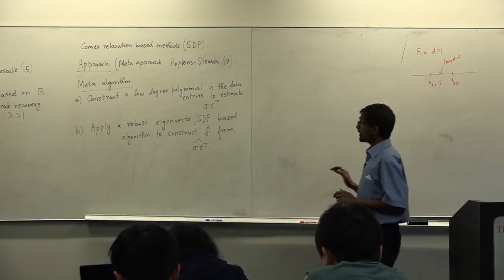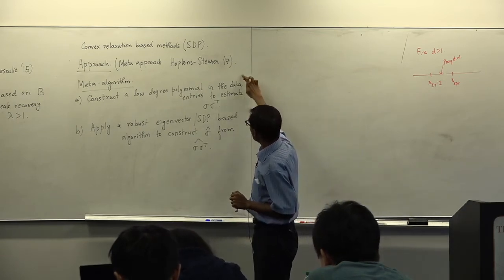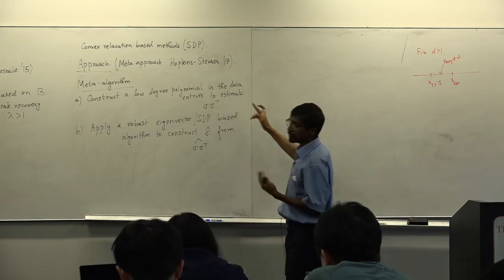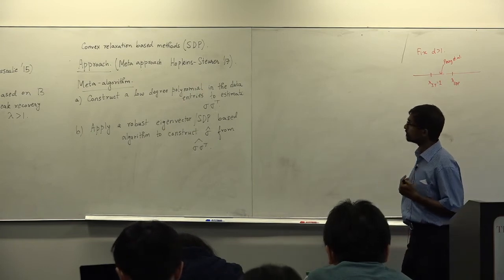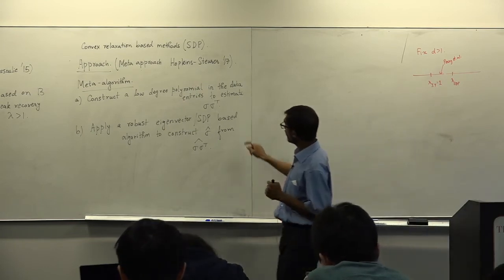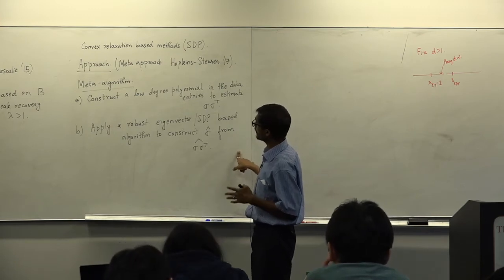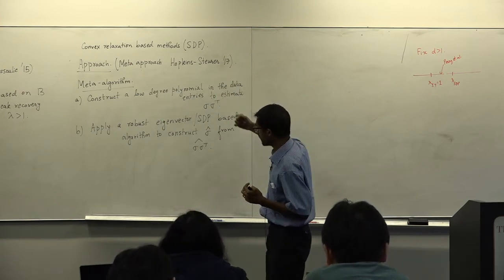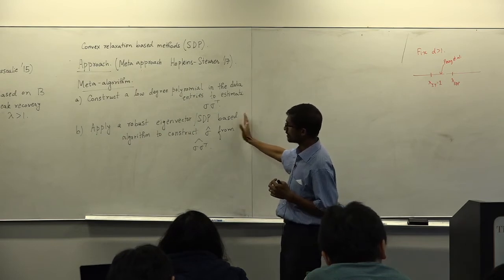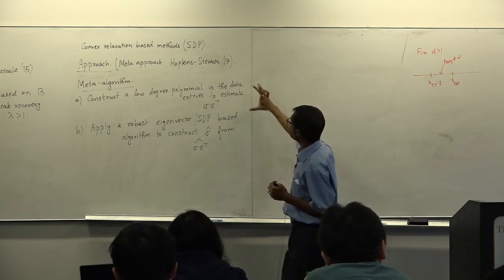Okay? So what I plan to do is to talk about the first step, because that's where the problem-specific intuitions come in. The second step is more of a unified black box strategy that Hopkins and Steurer implemented. So if you're interested, please look in their paper. I'll talk about the first step.